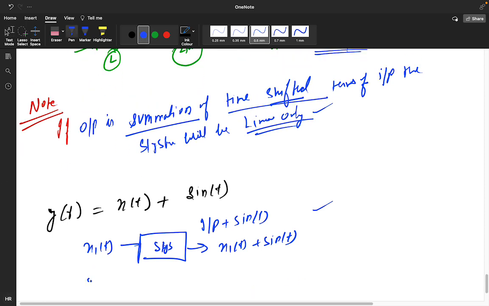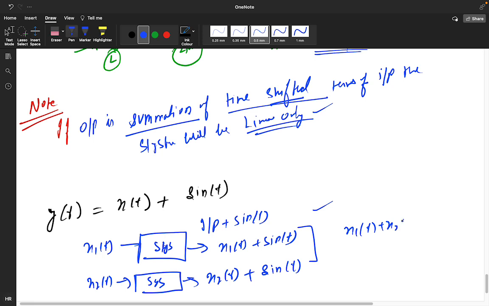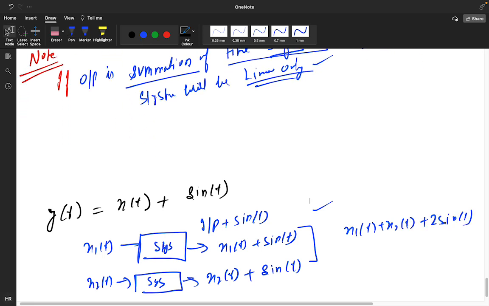And if I apply x2 of t to the system, then I get x2 of t plus sine t. If I add the outputs, I will get x1 of t plus x2 of t plus 2 sine t.